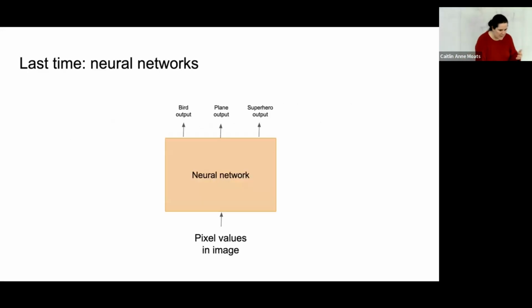So with that in mind, just a reminder, last time we left off talking about the tools and tricks that we use to train neural networks. For example, neural networks that classify an image as containing, in the toy problem that we introduced, one of three possible things: a bird, a plane, or a generic superhero.